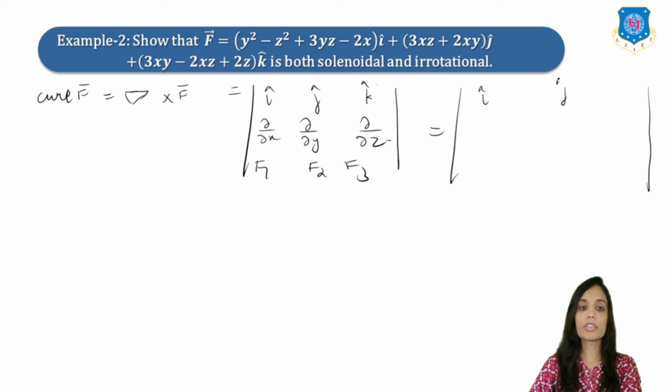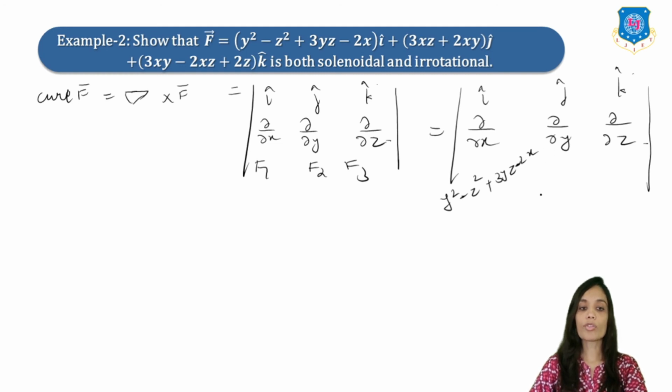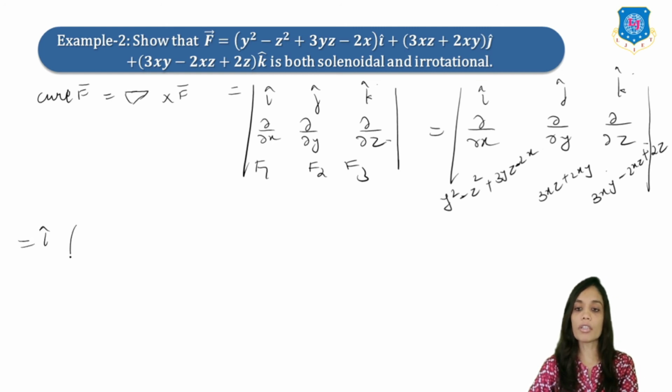Your f1 is y square minus z square plus 3yz minus 2x. Your f2 is 3xz plus 2xy. And the last value, f3, is 3xy minus 2xz plus 2z, right? Now we just have to solve the determinant.